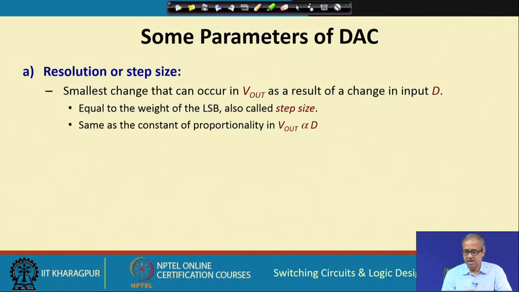Now, we talk about some of the parameters of this DA converter. When you design a DA converter, there are some parameters we talk about. The first important parameter is something called resolution or step size. I talked about the output increasing in steps. Now, what is the minimum width of that step?